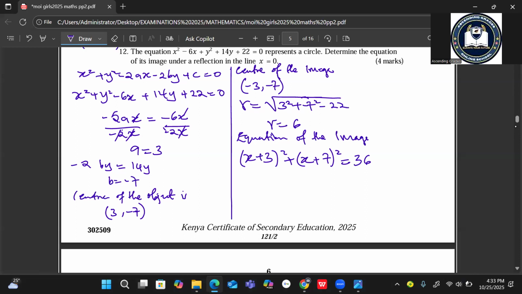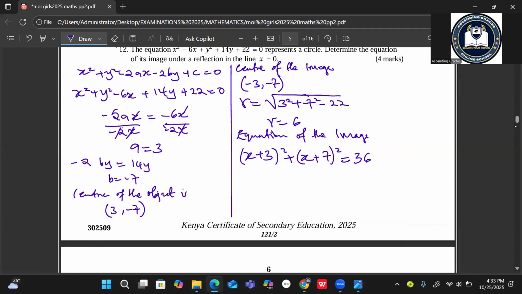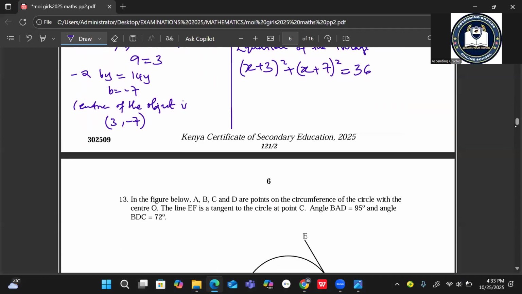So the equation of the image is x plus 3 squared plus y plus 7 squared equals 36. That is simply 6 squared. You get your answer. That is how we get those 4 marks. Move to the next one.